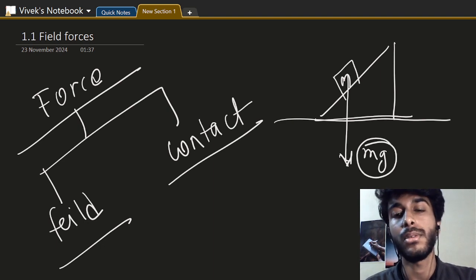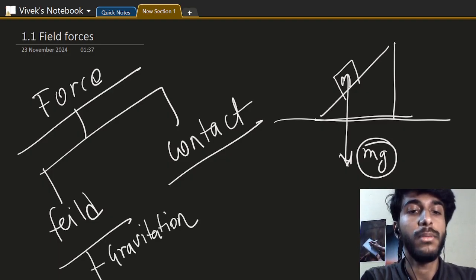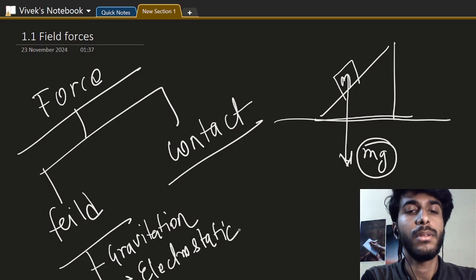So this is field force. The ground and this mass m are not in direct contact, but the force is still applied. Under field force, gravitational force is what we know, and another type is electrostatic force. So these are the two examples of field force.